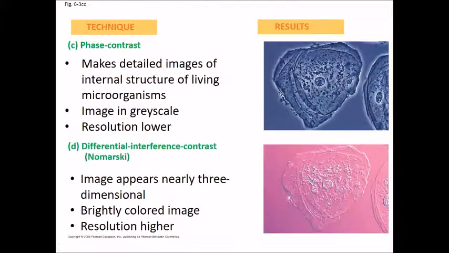Okay, and then the next technique in light microscopy is phase contrast. The figure here shows a detailed image of the internal structure of living microorganisms, which are animal cells, and the image is in grayscale, however the resolution is quite low compared to the Nomarski technique.